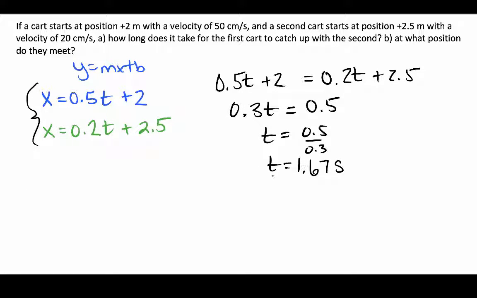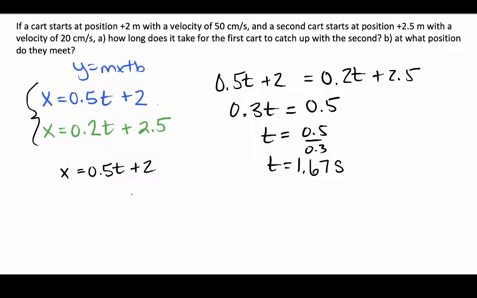Now, if I want to know the position, I could rearrange both of these so that they're both arranged for time, t equals this and t equals that, and then set them both equal to each other and solve for x. But since I have to know both, the easier thing is just to take this number for time and plug it back into one of the equations. You can pick either one, it doesn't matter. So x is equal to 0.5t plus 2.